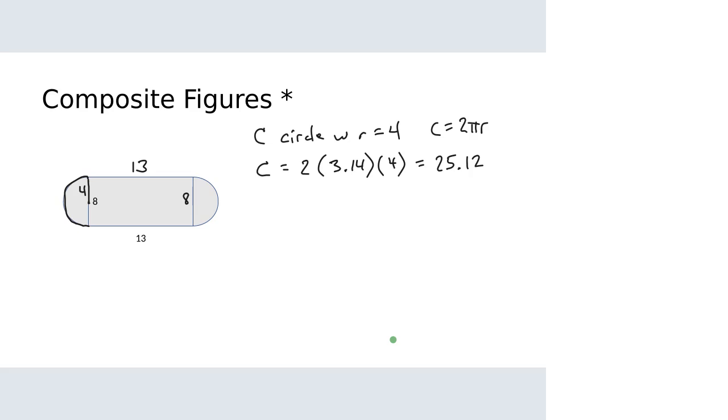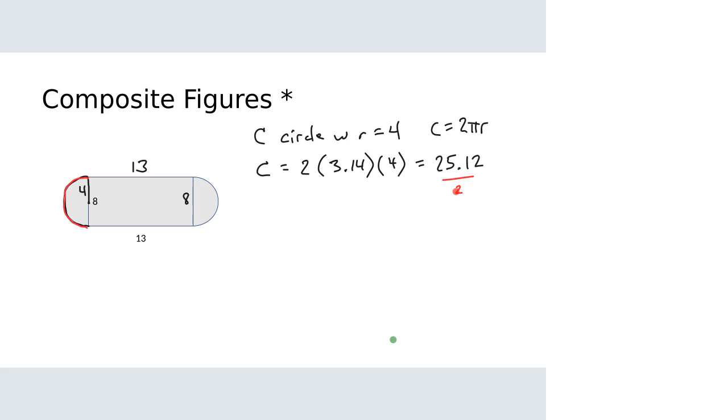The circumference is all the way around the circle. So if I had the whole circle here, the circumference would be 25.12. But I don't have the whole circle. I only have half of it. So I'll need to cut this in half. 25.12 divided by 2 is 12.56.